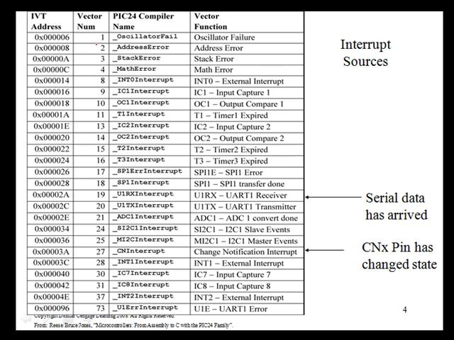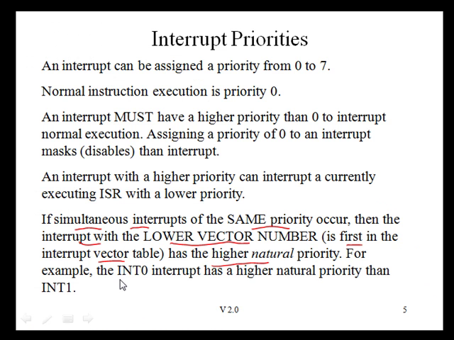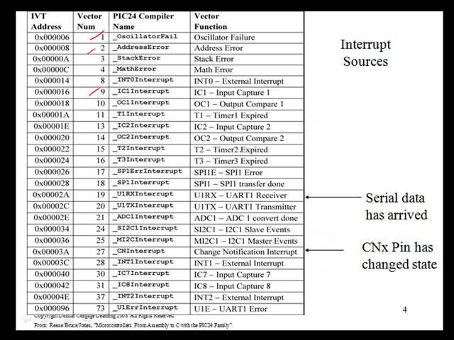Note that the vector number is this number in here, so it's whichever interrupt comes first in the vector table. As an example, if an int0 interrupt and an int1 interrupt occurred at the same time, because int0 has vector number 8, which is lower than int1, which has vector number 28, it would get recognized before int1 if they had the same priority level.